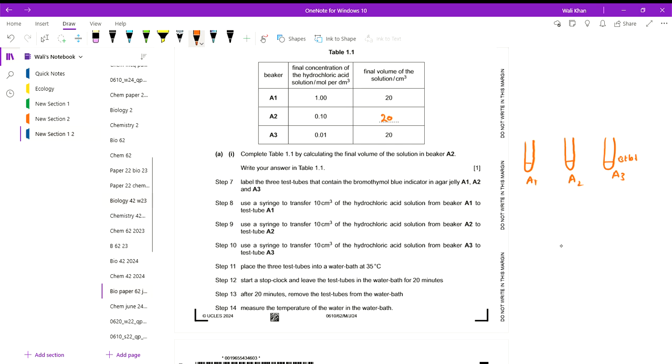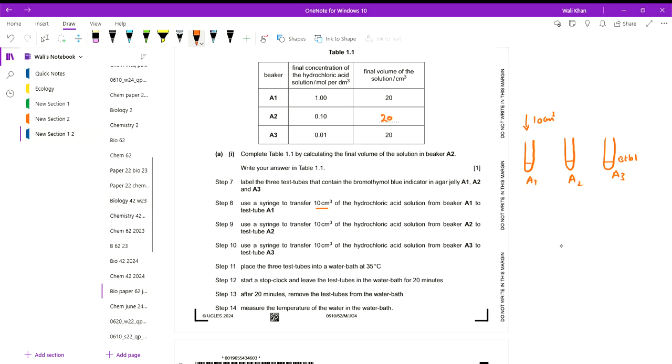Use a syringe to transfer 10 cm³ of hydrochloric acid solution from beaker A1 to test tube A1.